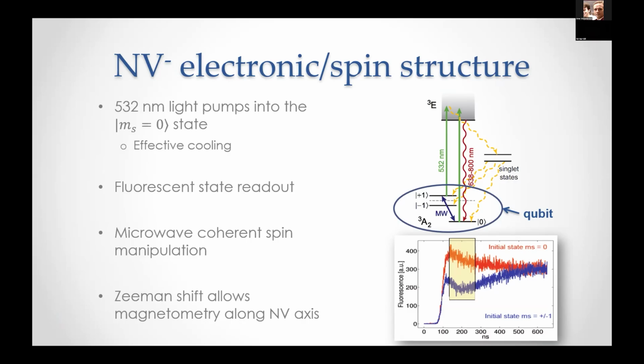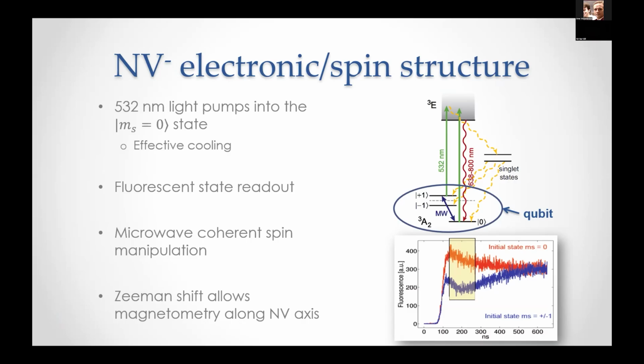So you can see the two colors, blue and red, are for the plus minus 1 and 0 spin sublevels. Because plus minus 1 can decay non-radiatively, we get less light in a window of approximately 200 or 300 nanoseconds.